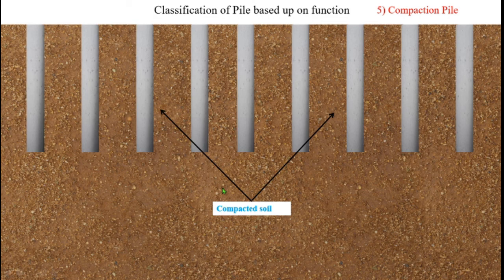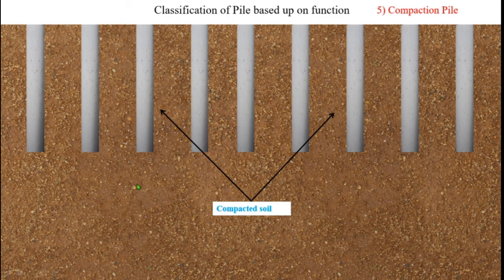Okay, and sometimes what we do, there is one more advanced version of compaction pile. Those are called as sand pile. In sand pile, what we do, we create a hole like this. Instead of pile, you have a drilled hole over here, and in that drilled hole we pour down the sand.